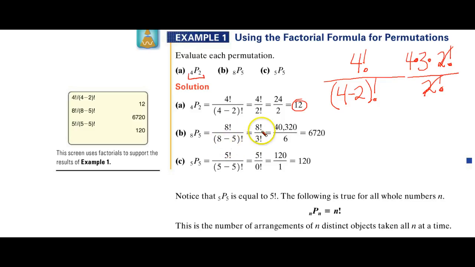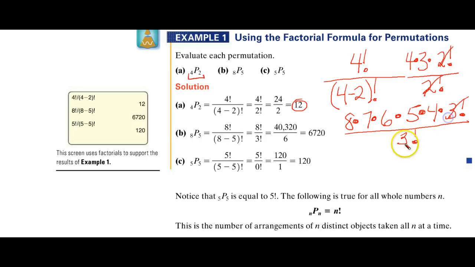And as you do this calculation, notice we can do it this way. 8 times 7 times 6 times 5 times 4 times 3 factorial, and then this 8 minus 5 is 3 factorial.